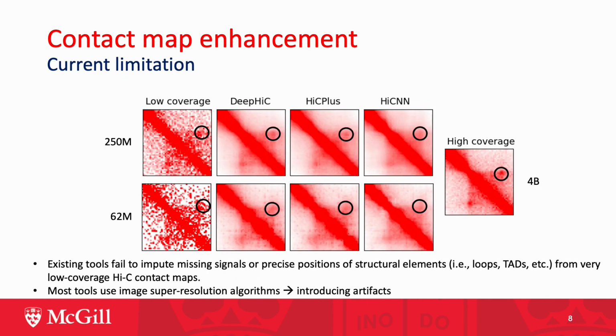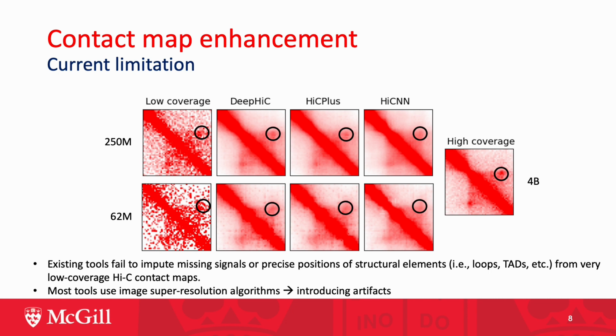Although several tools have already been proposed, most of them have limitations. They perform well in enhancing a typical coverage Hi-C contact map, but most of them cannot enhance a pretty low coverage Hi-C contact map. As you can see, there are signals that are absent from the low coverage input, and such missing signals are also absent from the enhanced contact maps.